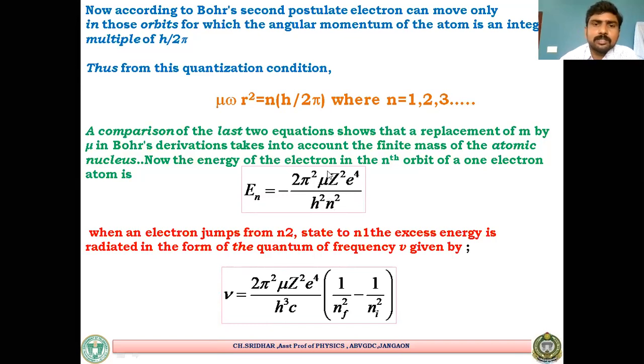Here we have these two terms as extra, this is mu and this is z. This is called the correction due to the finite mass of the nucleus. So here we replaced m with mu and added one more term, the atomic number. And the frequency so emitted is given by nu is equal to this into 1 by nf square minus 1 by ni square. So this is the frequency.